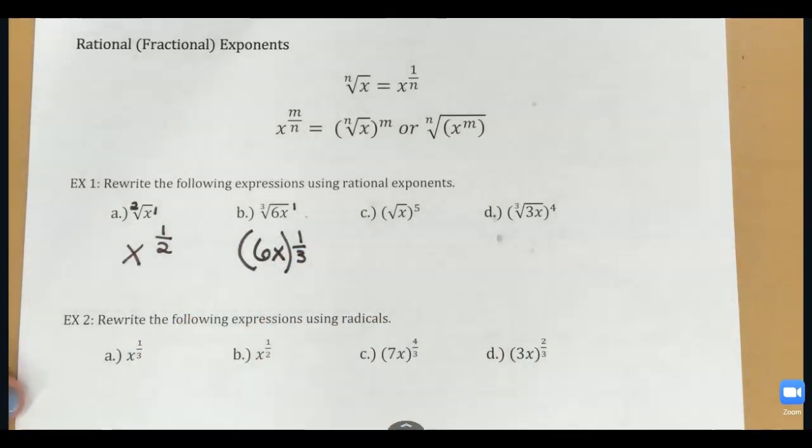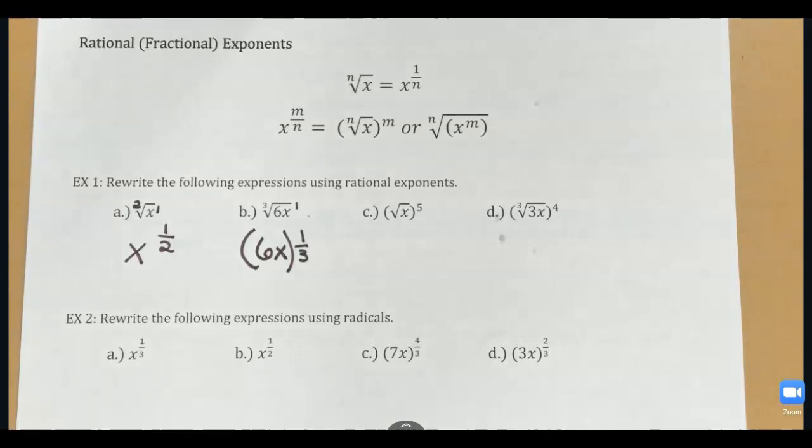I need to establish that both the 6 and the x are going inside the radical. If I did not put the parentheses there, all I'm saying is that the x is being raised to the 1/3 power, and the 6 would be on the outside, and that's not accurate to match what's on part B. So whatever is going inside your radical needs to be in parentheses.